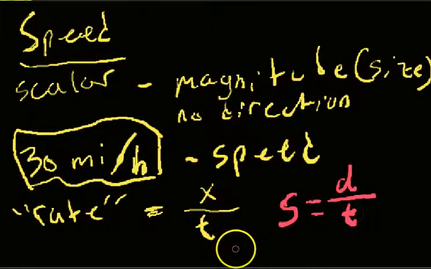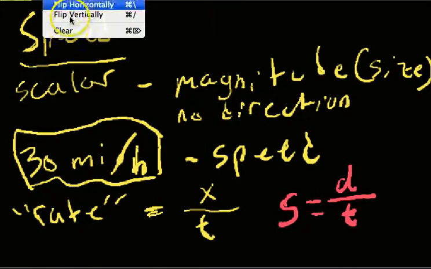So if we plug in some numbers, let me clear the palette. I'll write the equation back up here for you guys to reference. Okay, speed is equal to distance over time. So let's say we want to know the speed.